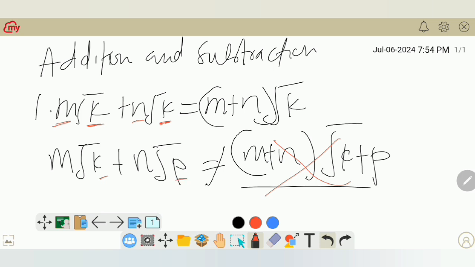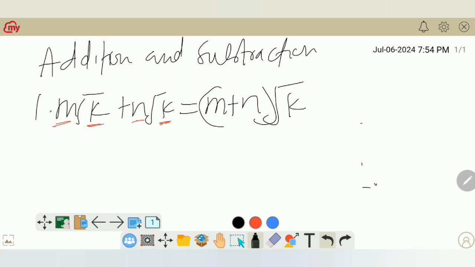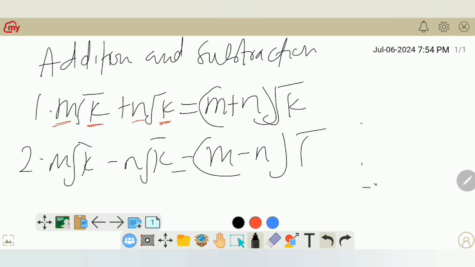So in addition and subtraction of surds, we only add or subtract surds that are alike. And note that when the surds are not in the basic form, you have to change them to the basic form before you add or subtract. So let's say m of root k minus n of root k. Because the surds are alike, we subtract the coefficients. So m minus n all times root k.